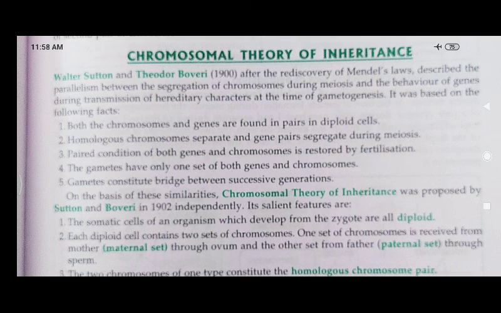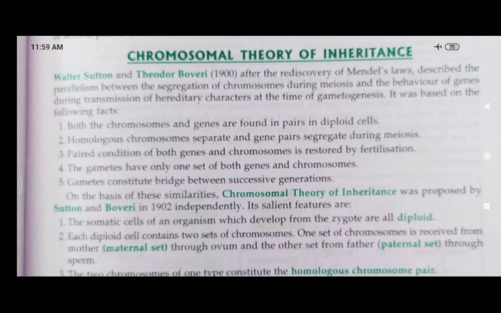These points are written in your book: both chromosomes and genes are found in pairs. That is well known by you all. In the 10th standard you got an idea about this one. And during gametogenesis, homologous chromosomes get separated, and similarly the genes also get separated during meiosis.